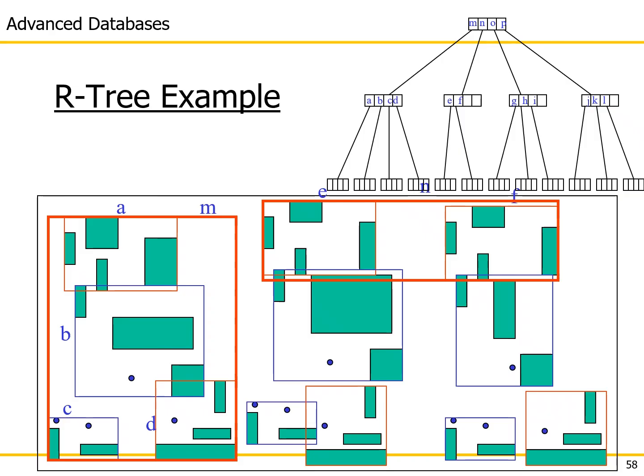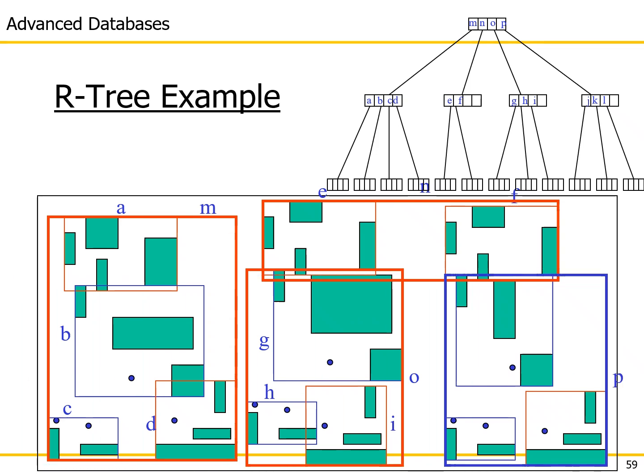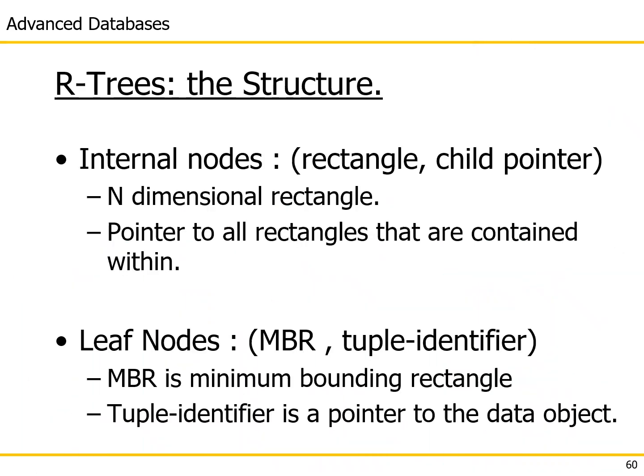So n equal to some value, say 4, means 4 regions, that means 4 bounding boxes, regardless of the level you're actually at in the R3. And that's another set of 4 picked up, and another set of 4 picked up.